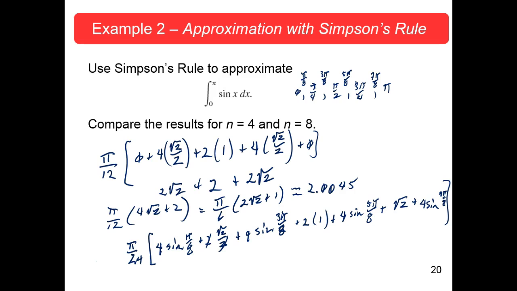Got all those? Plus 2. Stop right there, because we already did the others. Okay? Then, multiply that answer by pi and divide it by 24.